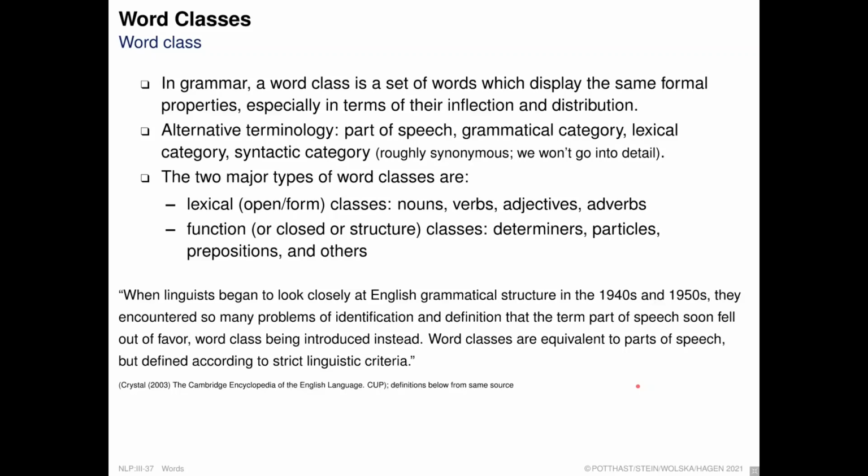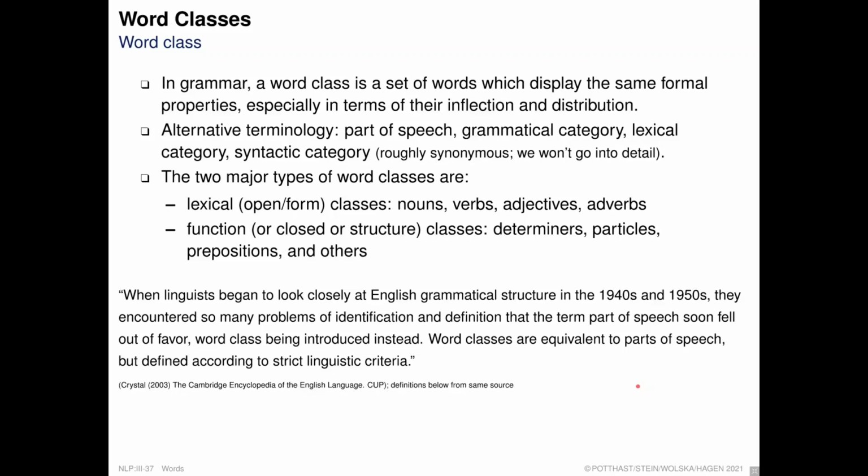So in linguistics, a word class is a group or a set of words which behave the same way grammatically. So you could say more formally they display the same formal properties, especially in terms of inflection and distribution. So this distributional property, distribution corresponds to grammatical functions. So they appear in certain, for instance, positions in a sentence.